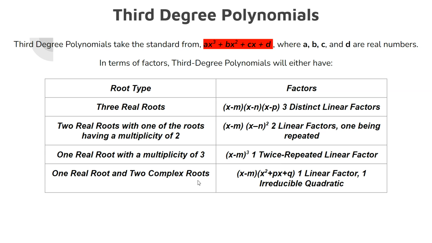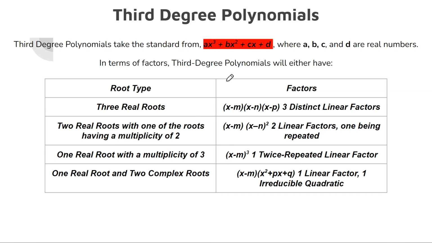And if it has 1 real root and 2 complex roots, again, it would feature 1 linear factor like this and 1 irreducible quadratic. Now, this could not be broken up by any means of regular factoring because they have complex roots. This is where I said that all third degree polynomials can be broken down into either a product of linear factors or irreducible quadratics.